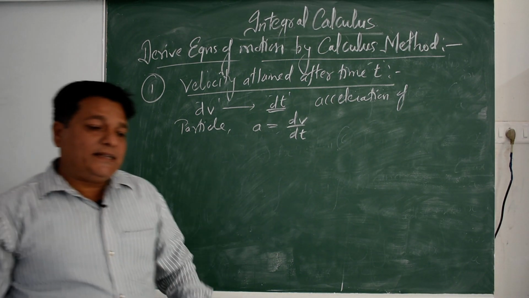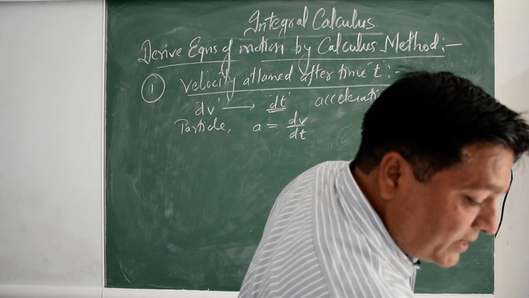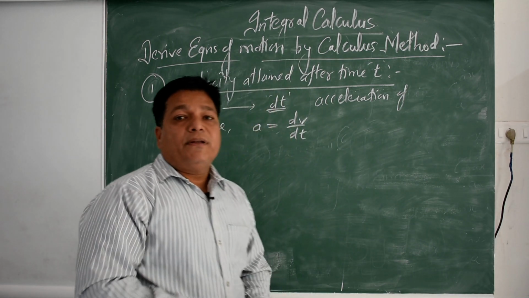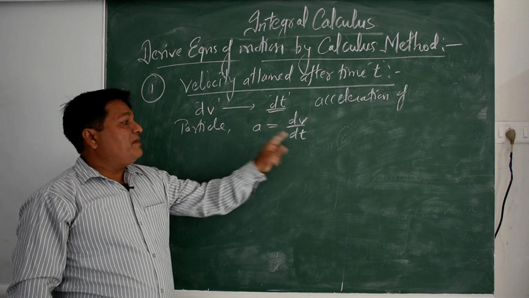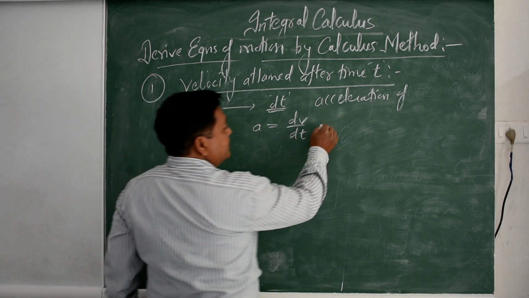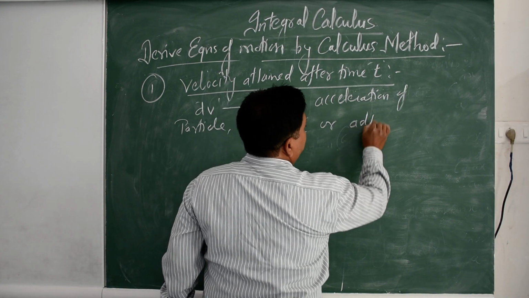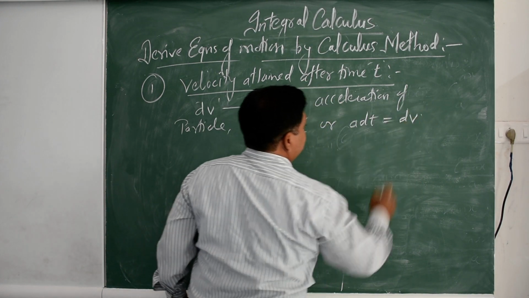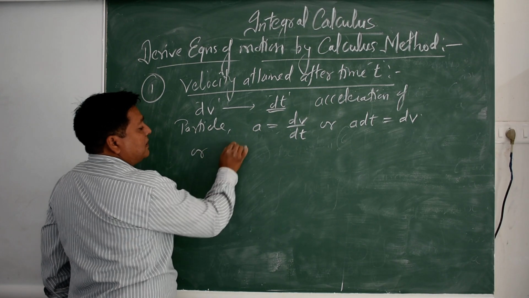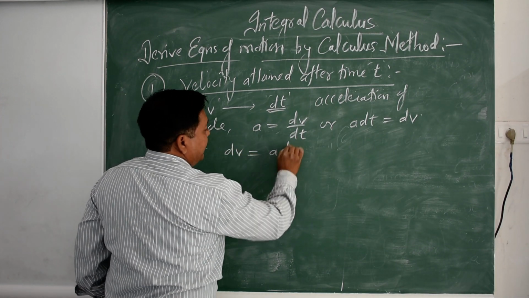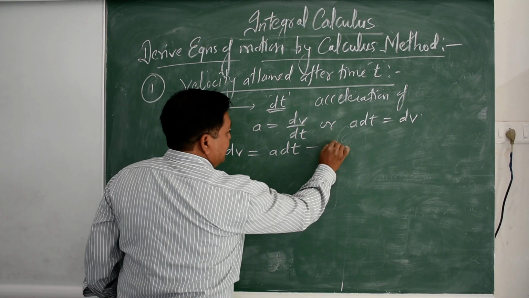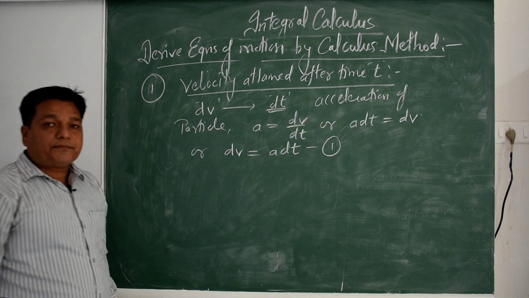By the definition of acceleration, the rate of change in velocity with respect to time, a is equal to dv by dt, or we can write this expression as a dt is equal to dv, or dv is equal to a dt. Let us suppose this is equation number 1.